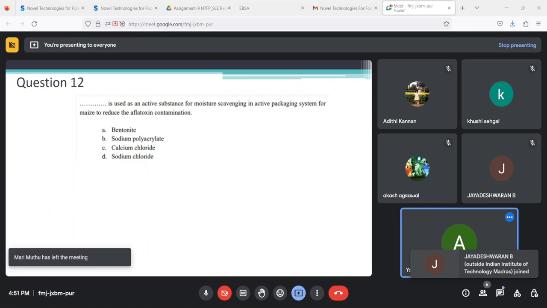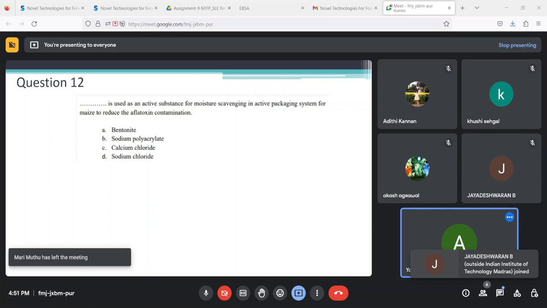So often your maize has fungal growth, and because of this fungal growth, it often produces something known as aflatoxin, and hence the maize becomes unfit for consumption. So in order to reduce this aflatoxin contamination, you need to reduce the moisture to prevent the growth of fungus as well. So you prevent the moisture, this will prevent the fungal growth, this will again prevent the aflatoxin production.